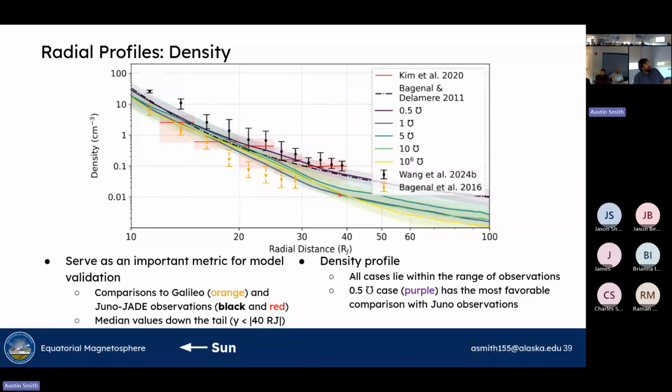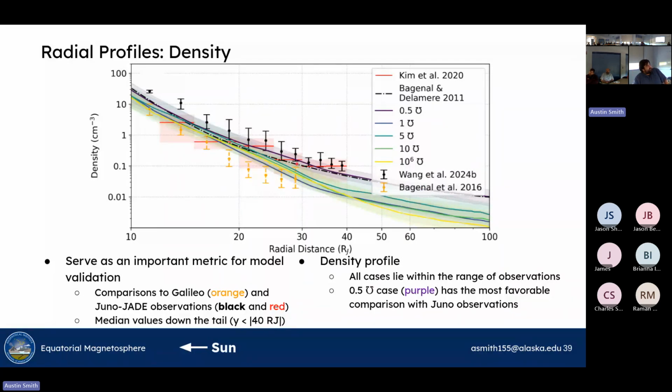Now, the solid lines are the model results, 0.5, 1, 5, 10, and a million mho. And the shaded region is the interquartile range, so plus 25%, minus 25% from the median value. And this median is taken down the tail to 100 RJ within 40 RJ of the tail.